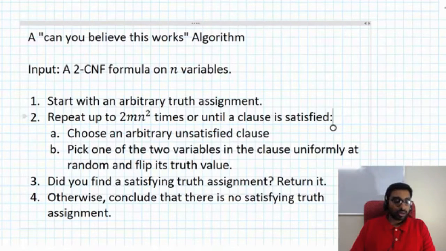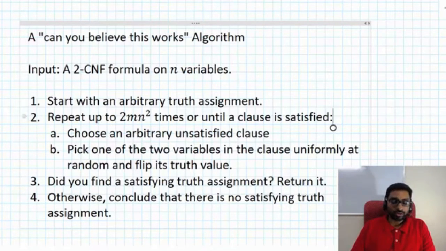How do you find out whether there's a satisfying truth assignment? Well, you start with some arbitrary truth assignment, and you keep repeating this process, okay? And you repeat up to 2mn² times, where m is a suitably large integer, or until you find a truth assignment that satisfies the formula.